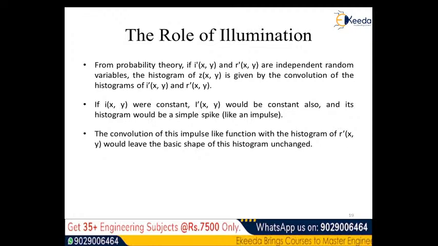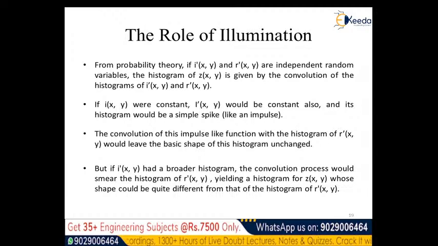But if I dash of x comma y had a broader histogram, the convolution process would smear the histogram of r dash of x comma y, yielding a histogram for the image represented by z of x comma y whose shape could be quite different from that of the histogram of r dash of x comma y.